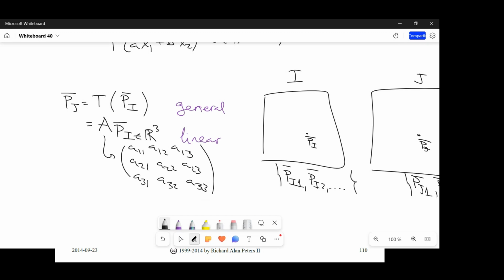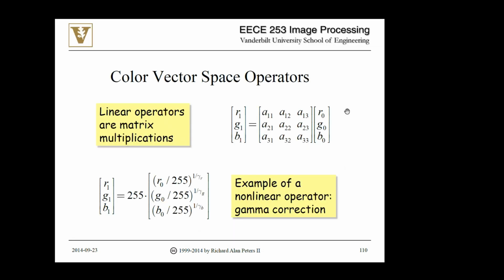So there are 9 numbers that describe my transformation. If it's linear, I can write it as a matrix operator.